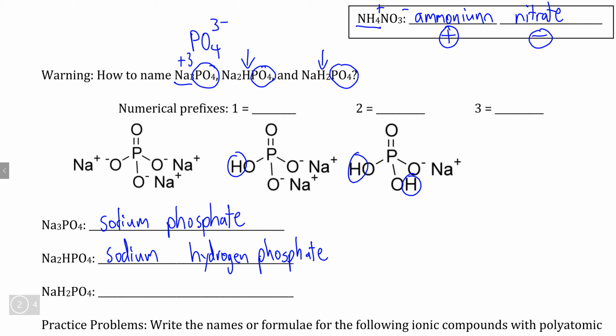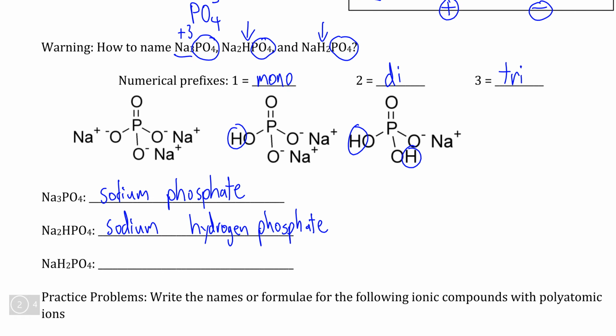Now, if we remember the numerical prefixes that are often used in science, we remember that the numerical prefix for 1 is mono, and the numerical prefix for 2 is di. You don't normally need to use the numerical prefix for 3 in this situation, but it is helpful to remember tri. Numerical prefixes will come back later for a different type of compound.